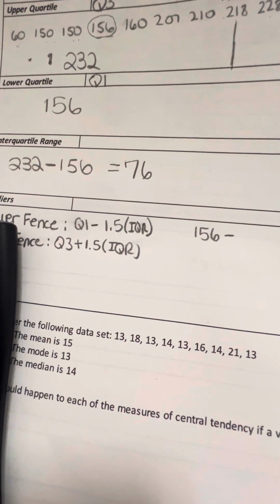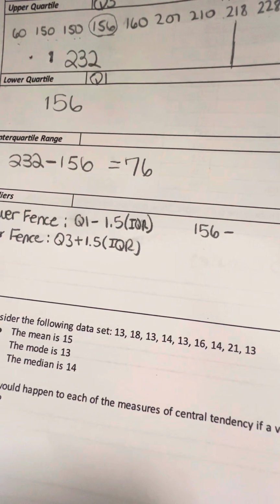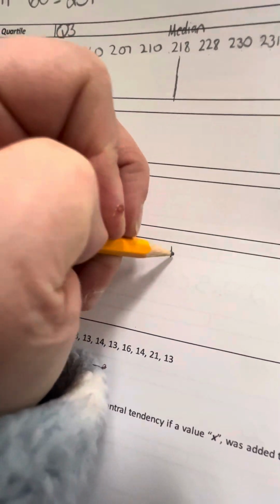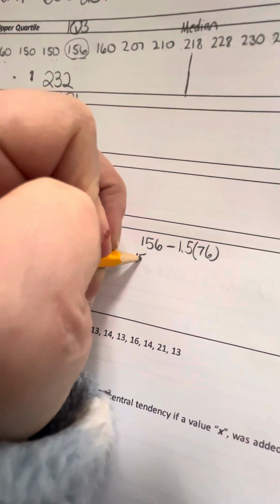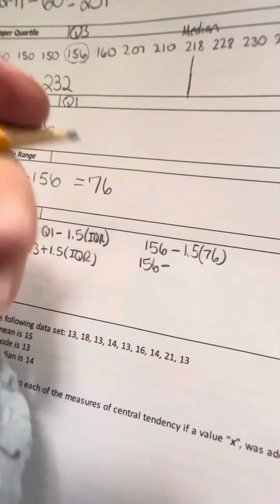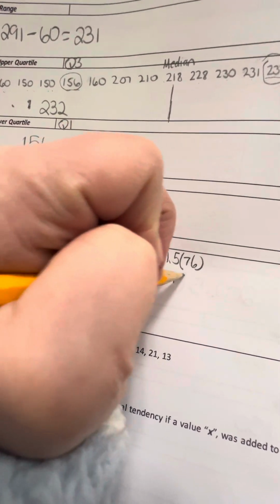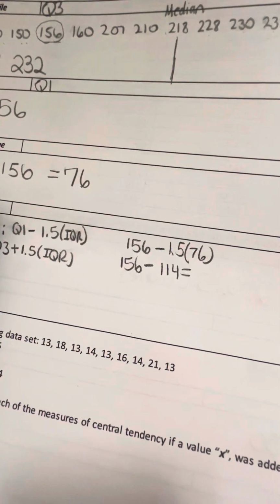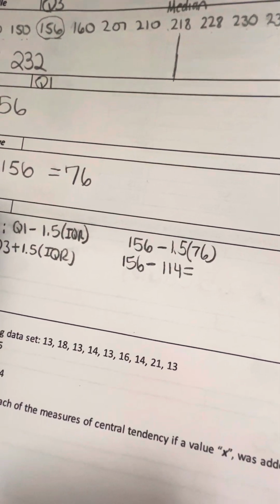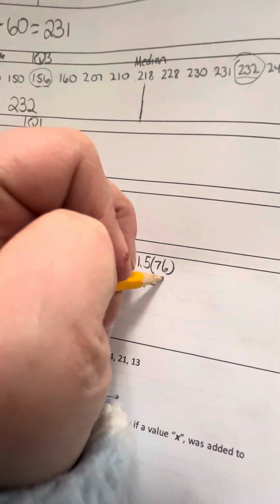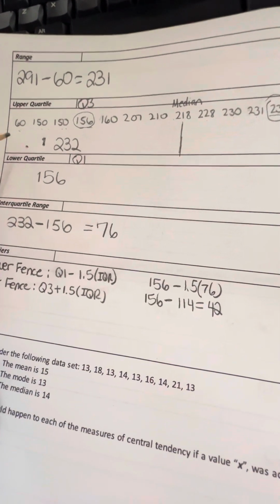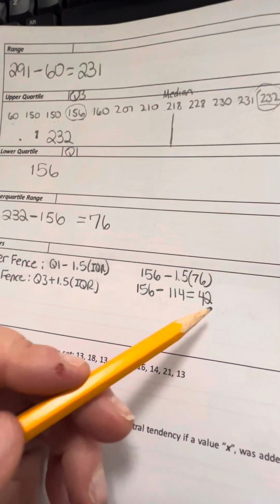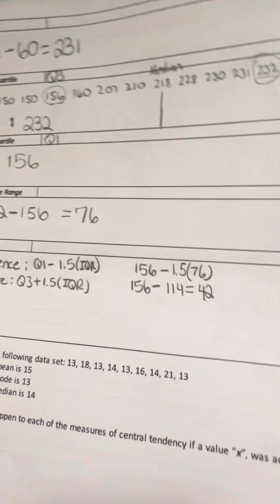Once you calculate this number, it's the same for both the upper and the lower fence, so you only have to calculate it once. 1.5 times 76 ends up being 114. When I subtract 156 minus 114, I get 42. So 42 is your cutoff point. Even though 60 looks a lot out of the ordinary, it's really actually not an outlier. Anything 42 or lower would be an outlier.